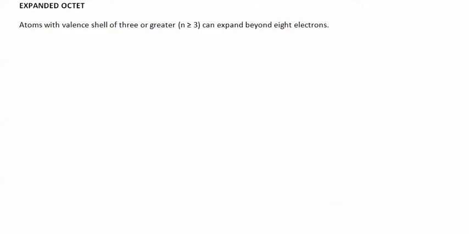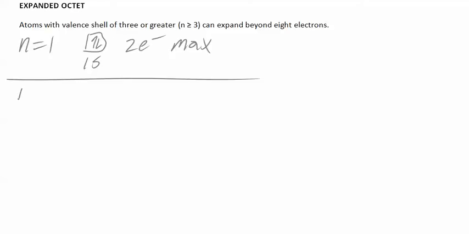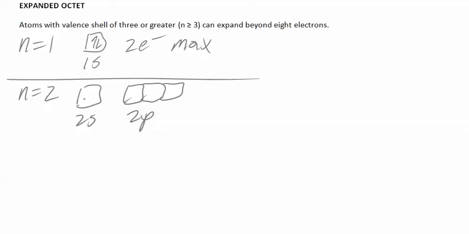So I've cleaned up a little bit of space here. If we look at the first shell, all we have is the 1s, which you might remember can only fit 2 electrons maximum. In the second shell, we have the 2s and 3 different 2p orbitals, 8 electrons maximum.